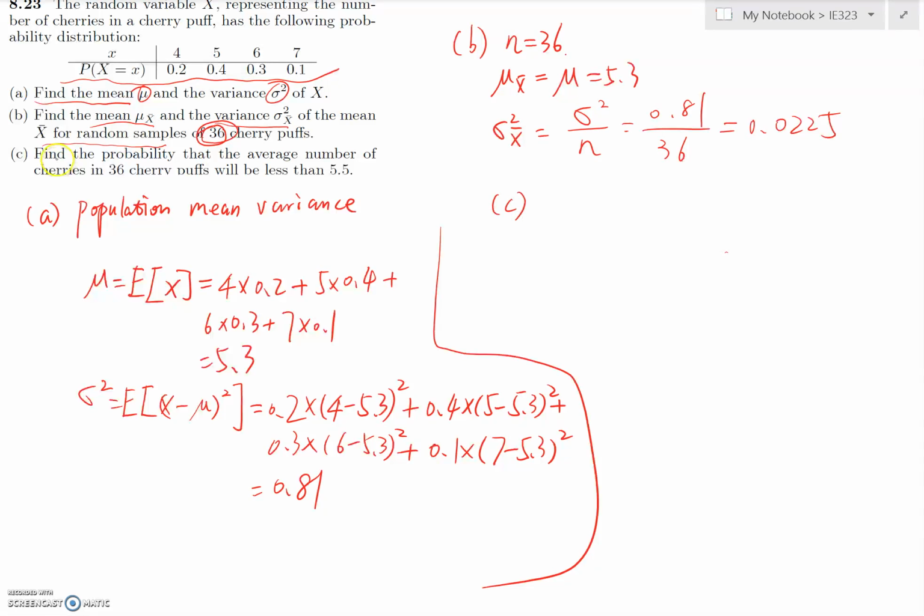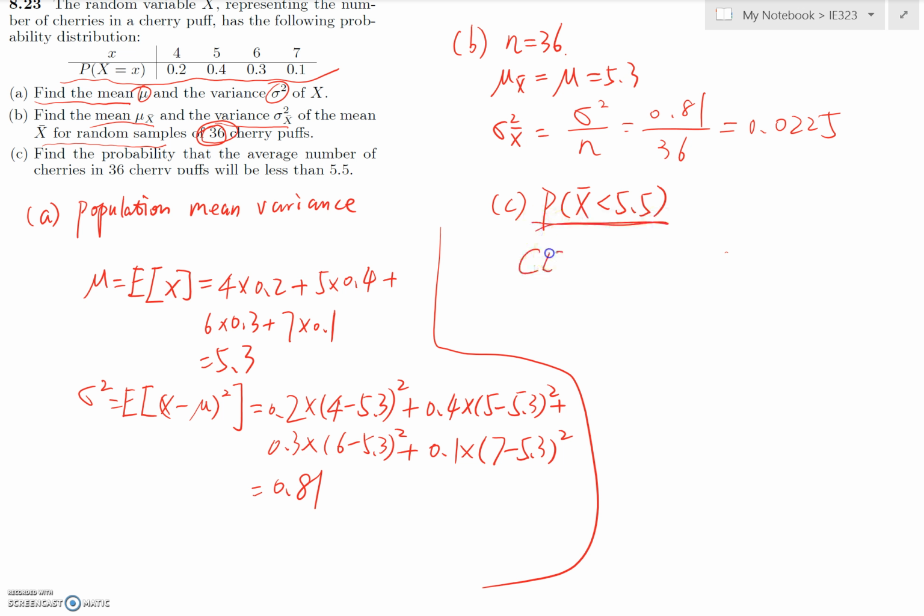So for problem C, find the probability that the average number of cherries in 36 cherry puffs will be less than 5.5. So we want to find the probability x bar less than 5.5, right?